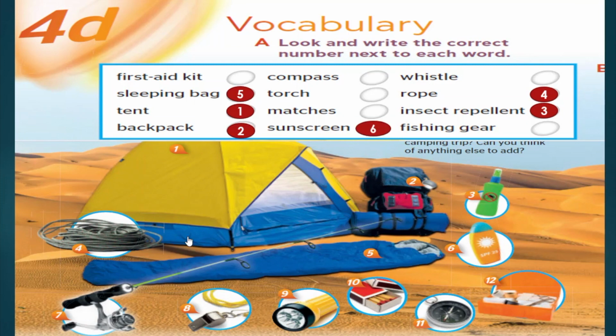Number 6, sunscreen. Number 7, fishing gear. Number 8, whistle. Number 9, torch. Number 10, matches. Number 11, compass. Number 12 is the first aid kit.